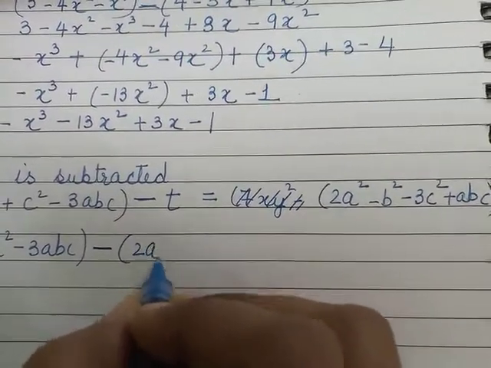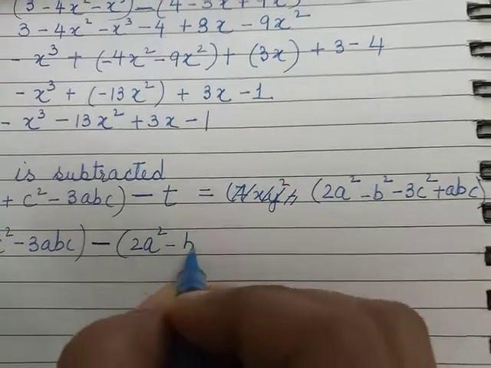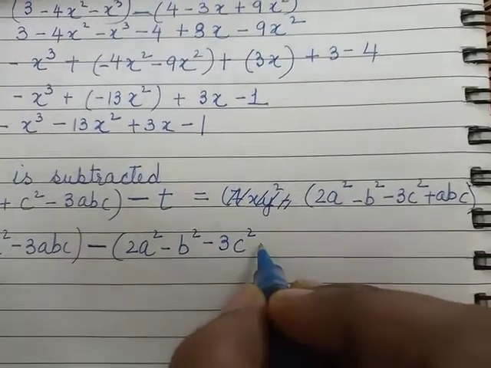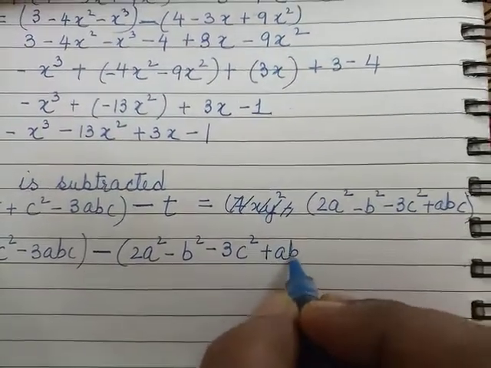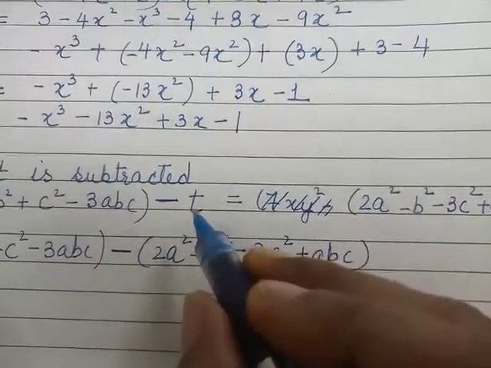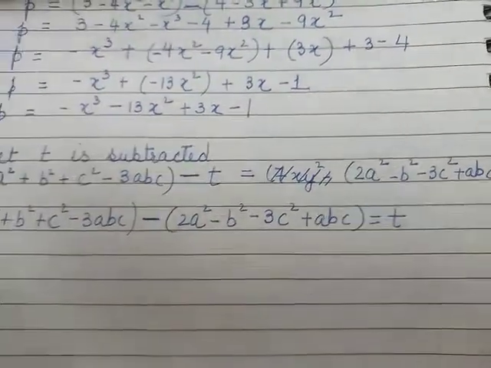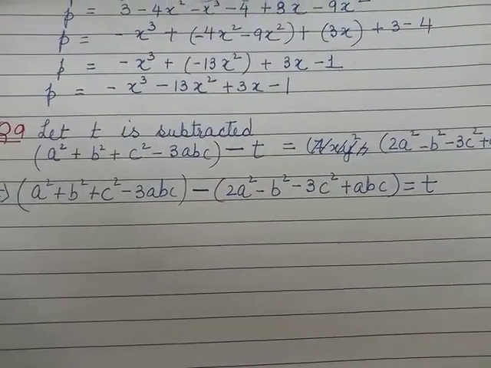In the bracket we have 2a square minus b square minus 3c square plus abc, and I transpose this minus t on the right side. So we get the value of t this way.